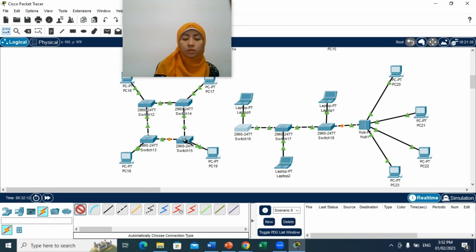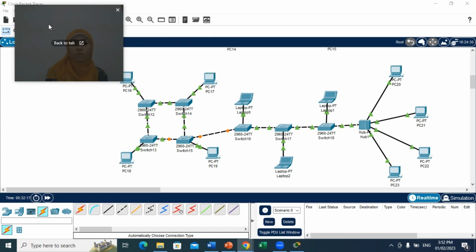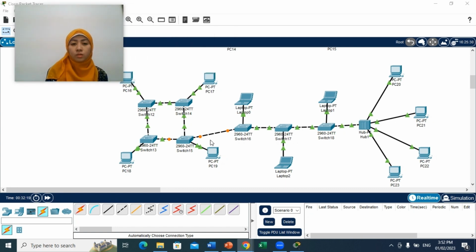And then I will connect this network here. So there you go. We have already our hybrid topology, which consists of ring topology, bus topology, and star topology.